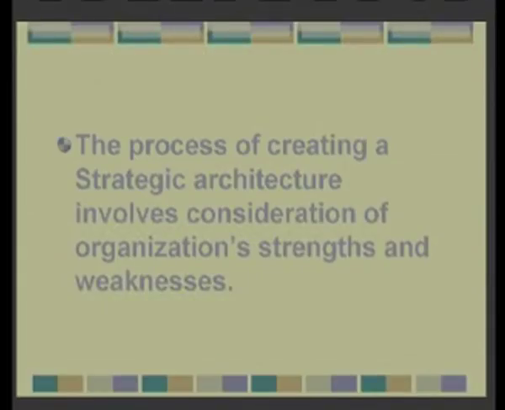The process of creating a strategic architecture thus involves consideration of the organization's strengths and weaknesses. Whenever we are trying to develop a strategic architecture for our company, we have to first analyze the strengths and weaknesses of our company. In other words, you must have heard about the SWOT analysis, which we will also refer to in one of our lectures later.